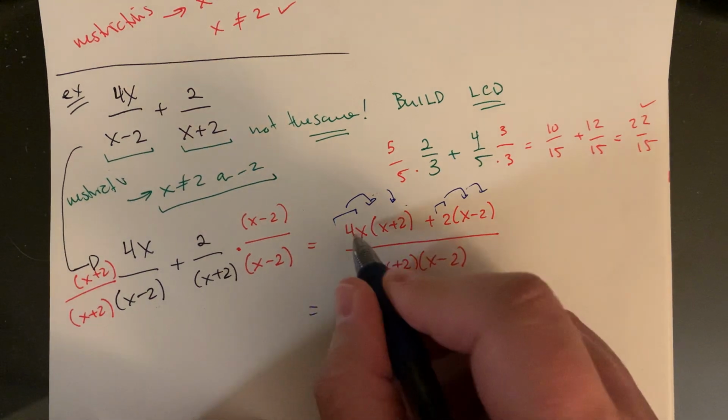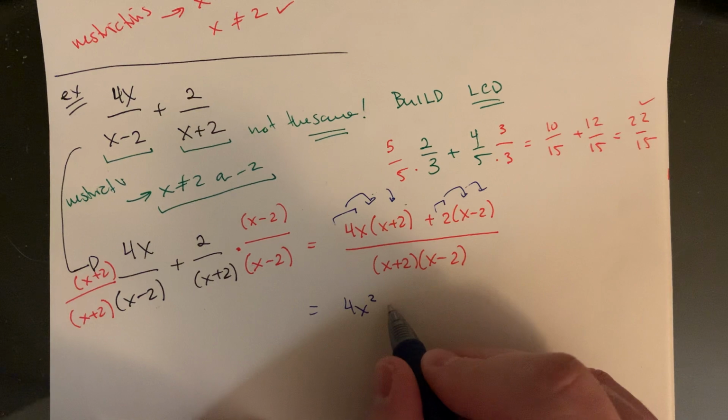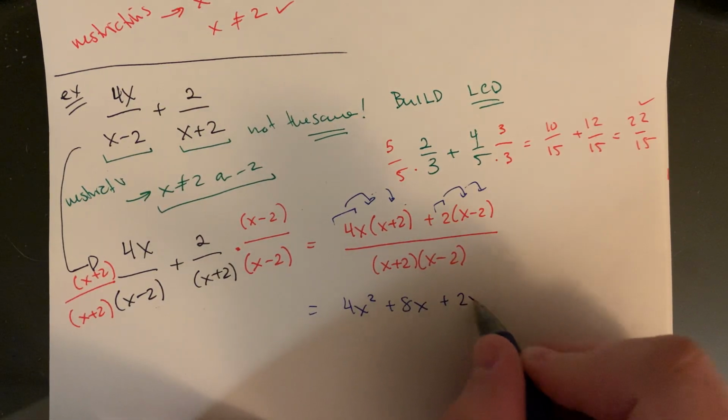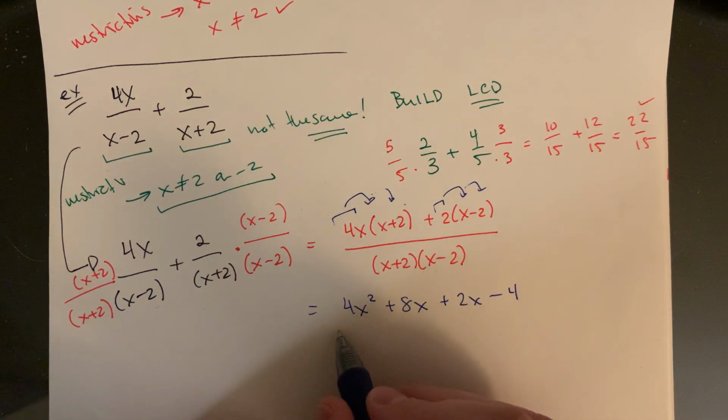right? So this would be 4x times x would be a 4x squared. 4x times 2 would be plus 8x, plus 2 times x would be 2x, plus 2 times minus 2 would be minus 4.